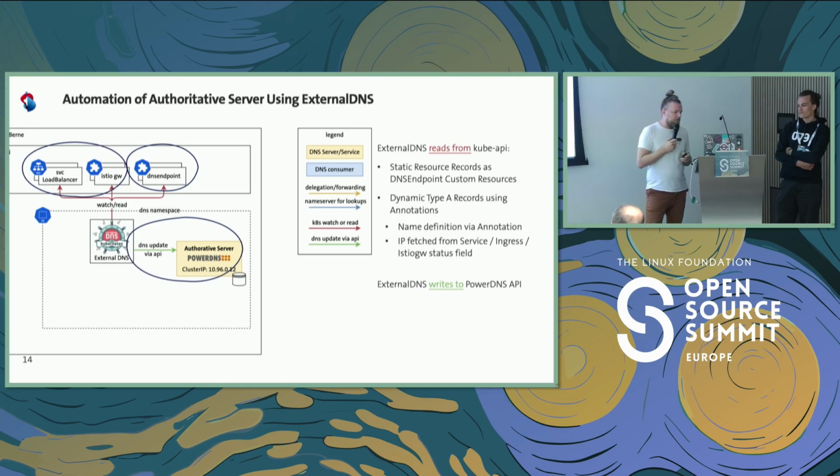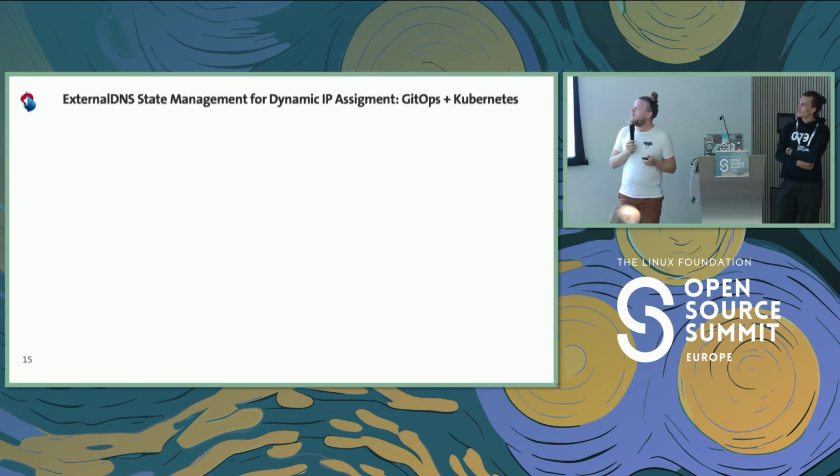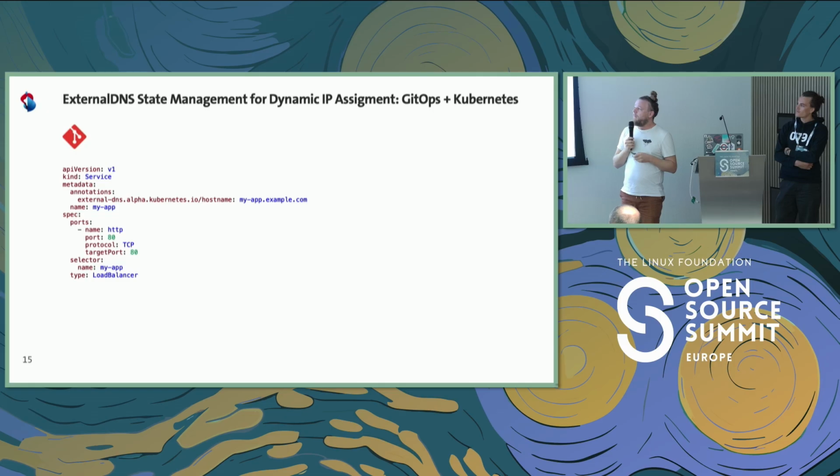If we look at how ExternalDNS and Kubernetes manage state, we can see in this case that's a dynamic assignment. So we have, for instance, a service of type load balancer. You can see there is an annotation that basically defines the DNS name. So that's all defined in Git, but you can see there's no IP defined in Git.